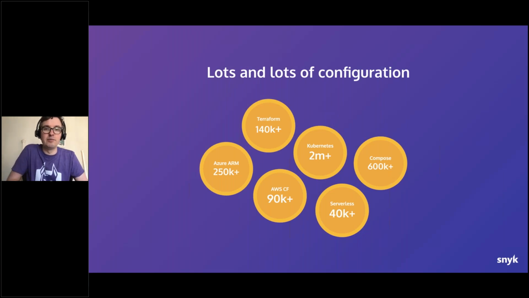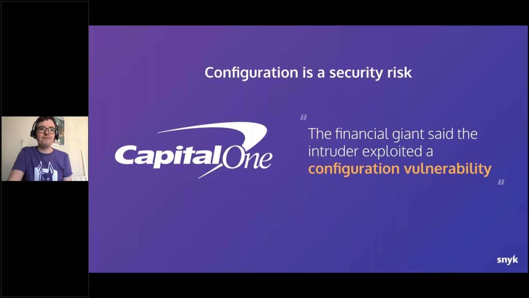And we're only looking at GitHub there as well, so it's only one repository of such things. But you still see huge numbers here. Over 2 million Kubernetes configuration files, hundreds of thousands of Terraform files and ARM templates and compose files. The spread of this configuration is such that there is ultimately lots and lots of it around.